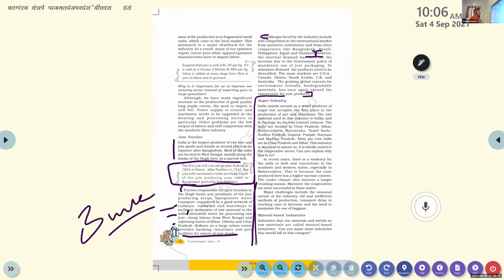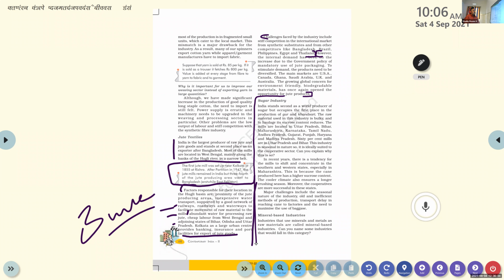Sugar industry, easy only. Okay, so please check in your notes also. India stands second as the producer of sugar, but occupies the first place in the production of gur and khandsari. Okay, sugar syrup and raw sugar. Clear. The raw material used in this industry is bulky, and in haulage its sucrose content reduces.